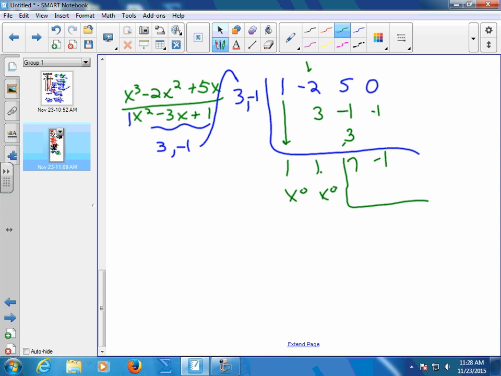So work it backwards. This is x to the 0, this is x to the 1. I'll never give you one that has 3 in the remainder. So this is going to be my 1x plus 1. And run your remainder like this. Put a plus sign, then go 7x minus 1 over your denominator.